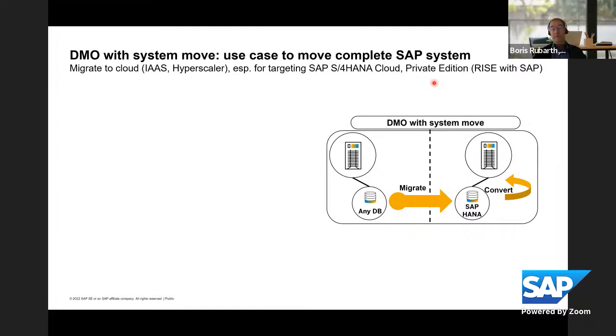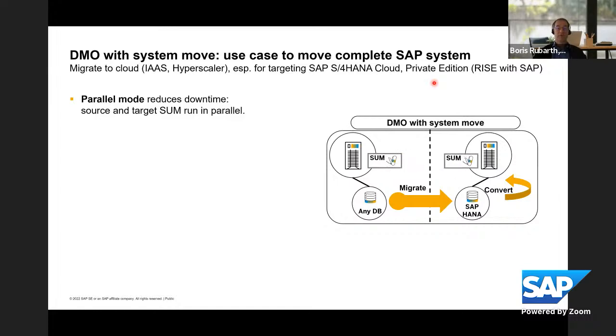Then DMO with system move is being used typically by an implementation partner that will execute this. What I would like to focus on here is that there is a parallel mode that we strongly recommend. So you should be aware, and the partner should be aware of this as well. The procedure DMO with system move consists of a part where we start the software update manager in the source landscape.